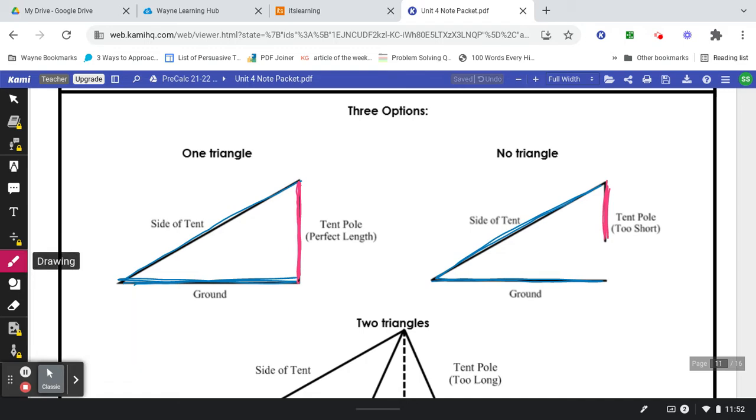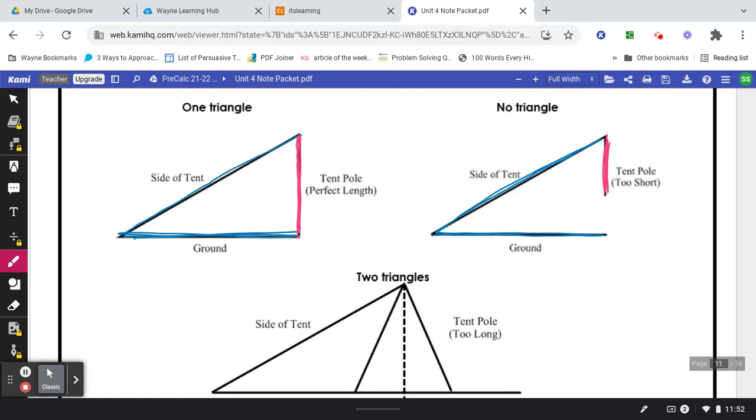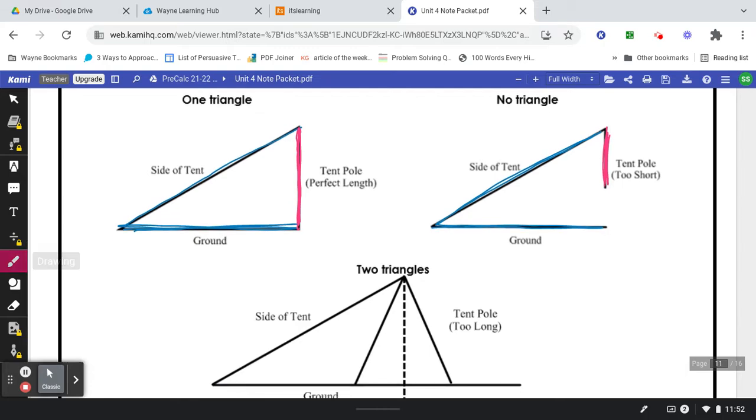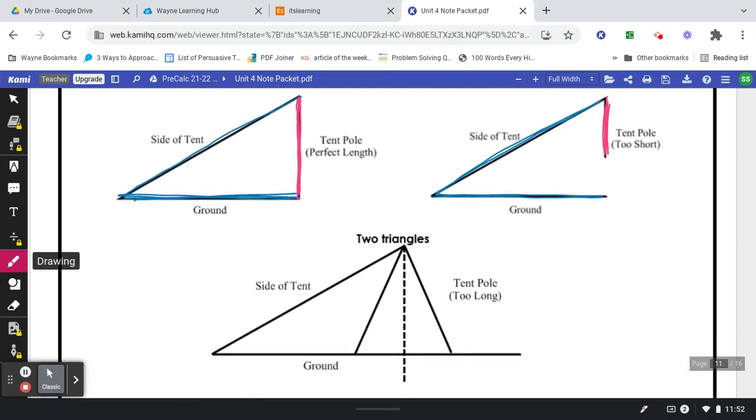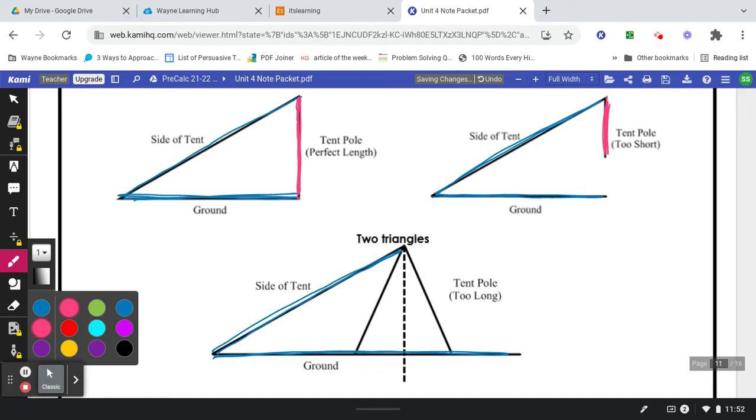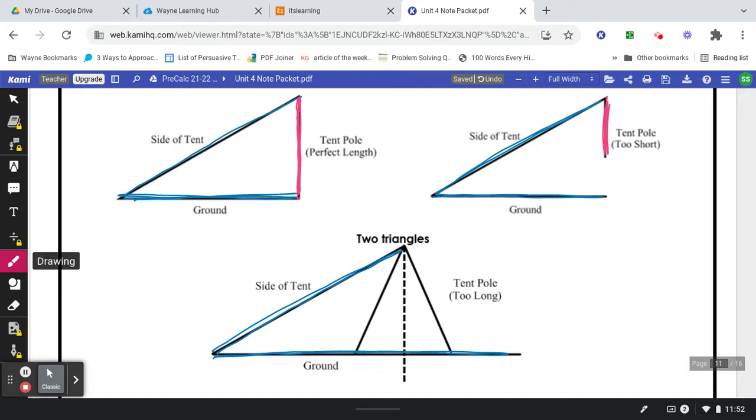First case, it creates one triangle. Then you have this third option. Sometimes the tent pole is too long. So you have the ground here, you have the side of the tent, and then instead of shoving the pole that's too long directly into the ground like you see here with the dashed line, you can do two things. You can either tilt it to the right to make it shorter, or you can tilt it to the left.